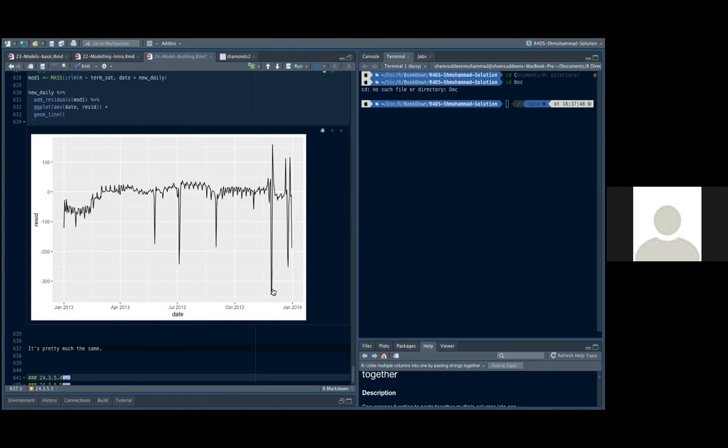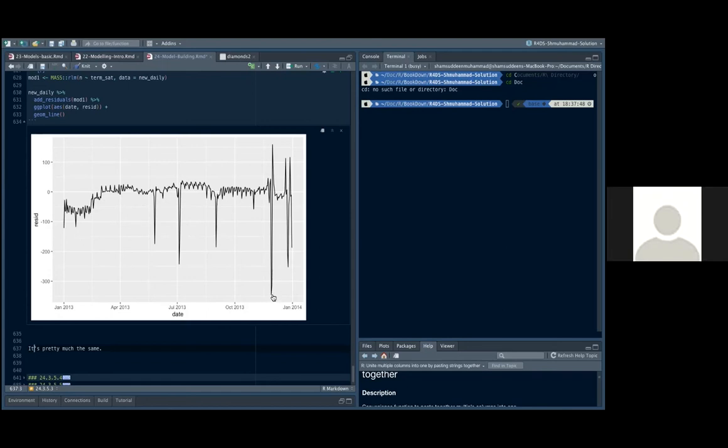So basically we have large negative residuals, which means that the model is over predicting the number of flights. If it was a regular day, we would expect there to be, I don't know, between 100 and 200 fewer flights. Sorry, the other way around: there were fewer flights on those days.